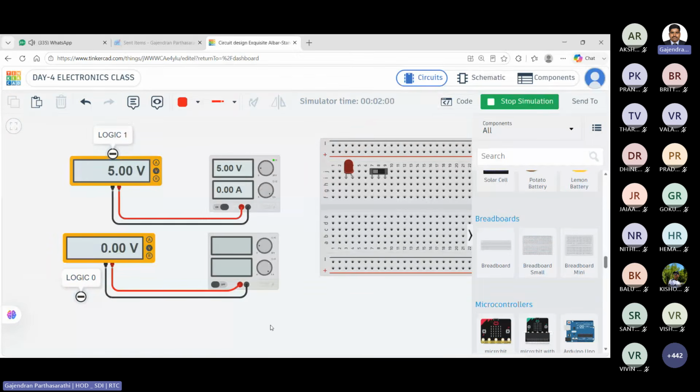AC or DC? 220 volt? 110 volt is the right answer. This 110 volt we supply to the electronics, your mobile phones. Do you think this 110 volt is low voltage? It's not a low voltage.